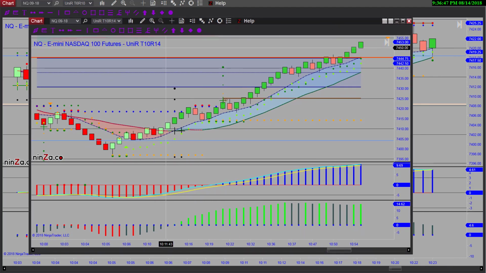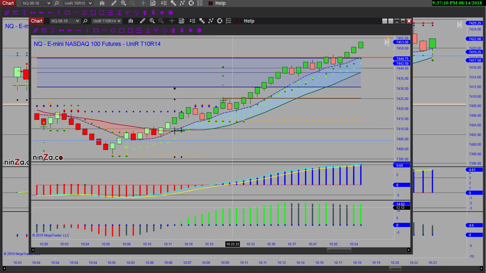What I also want to show you is the Unirenko 10 tick, same time frame, 10:20. It got a buy signal just at the primary pivot, or just under it, basically the same level that we had on the 6. The momentum oscillator on the 10 was pointing up.